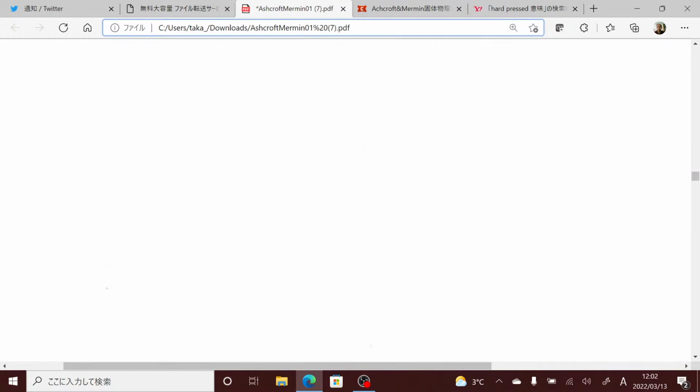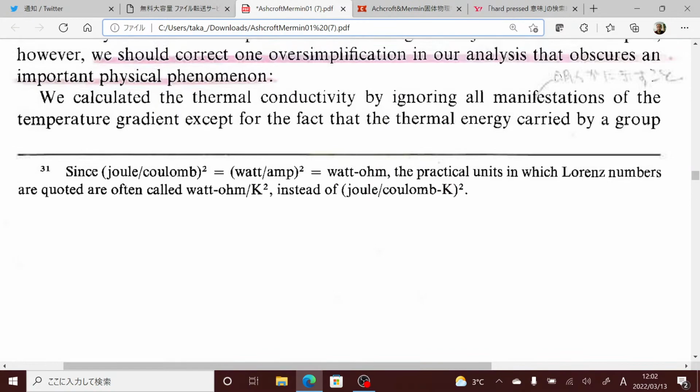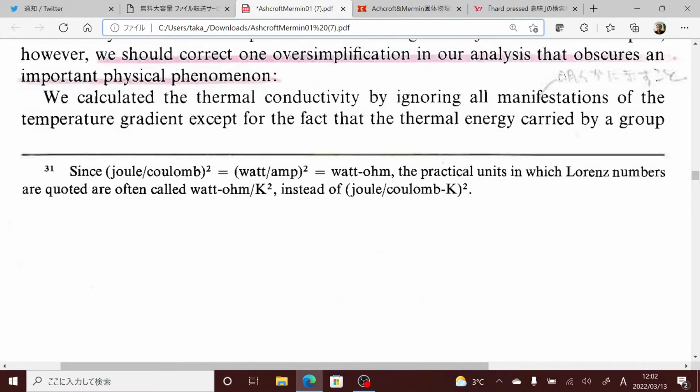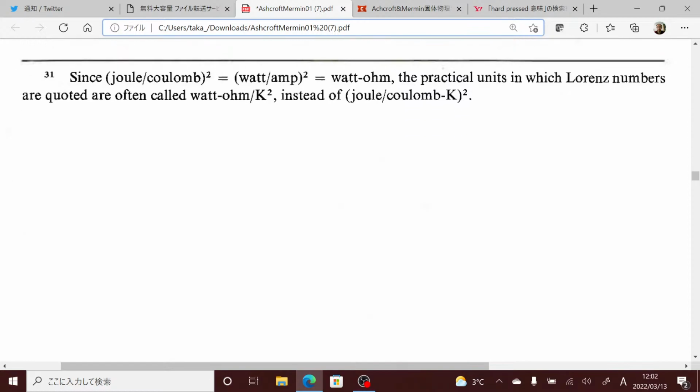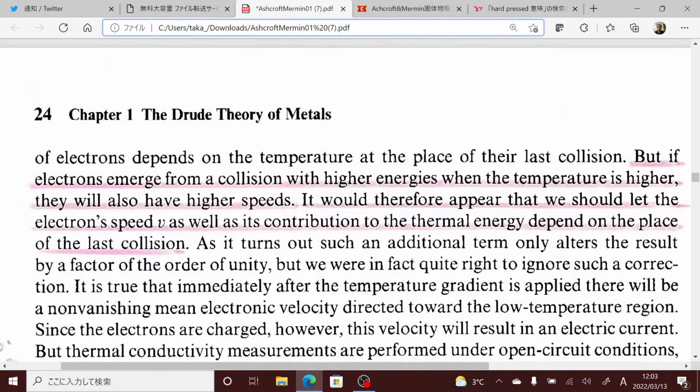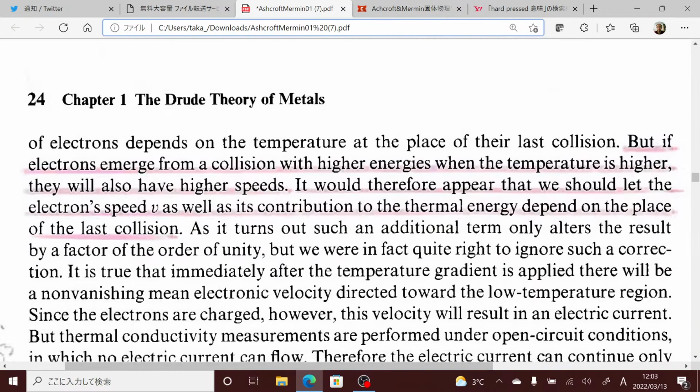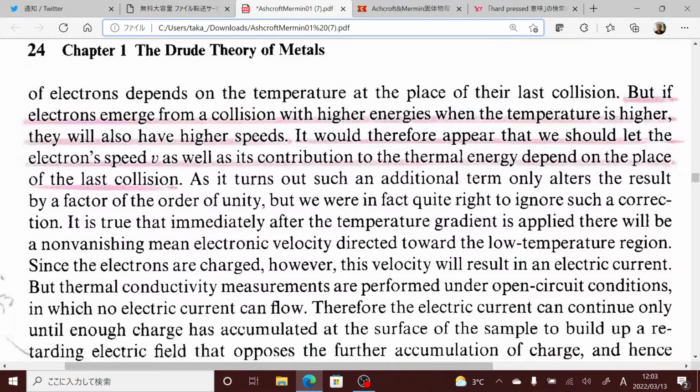So here we calculated the thermal conductivity by ignoring all manifestations of the temperature gradient except for the fact that thermal energy carried by a group of electrons depends on the temperature at the place of their last collision. But if electrons emerge from a collision with higher energies when the temperature is higher, they will also have higher speed.